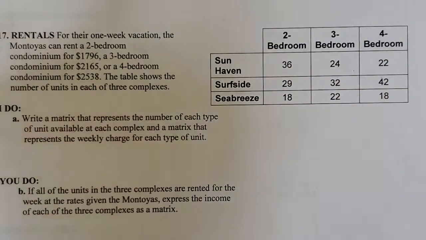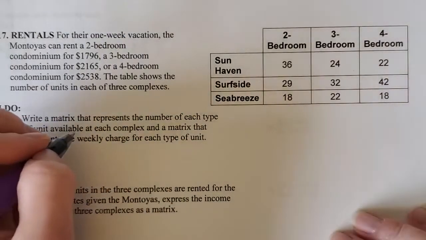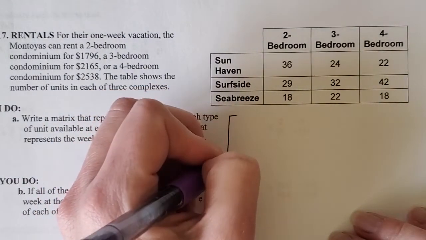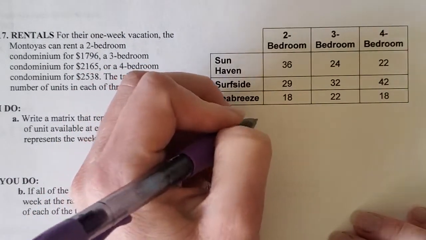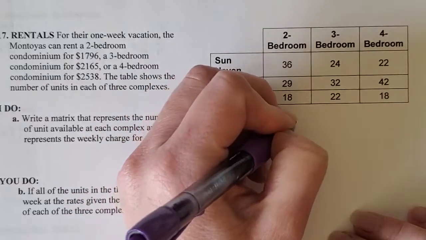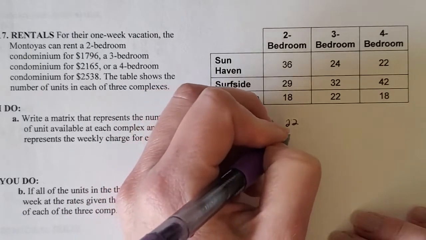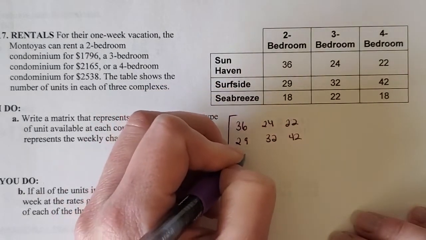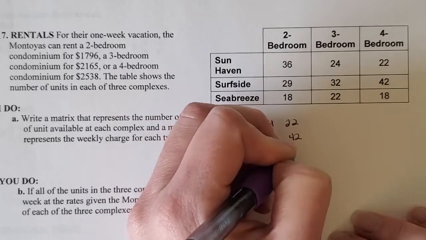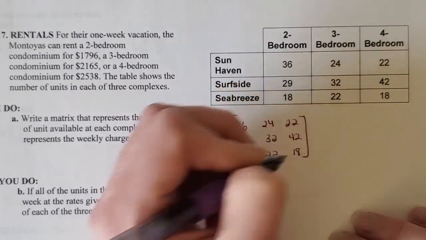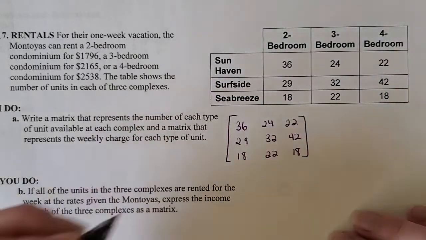We're going to write a matrix to represent first the number of units. So let's make a matrix out of this. So we've got 36, 24, 22, and then we've got 29, 32, 42, and then we've got 18, 22, and 18. So those are the number of units, and then they want to do the weekly charge.